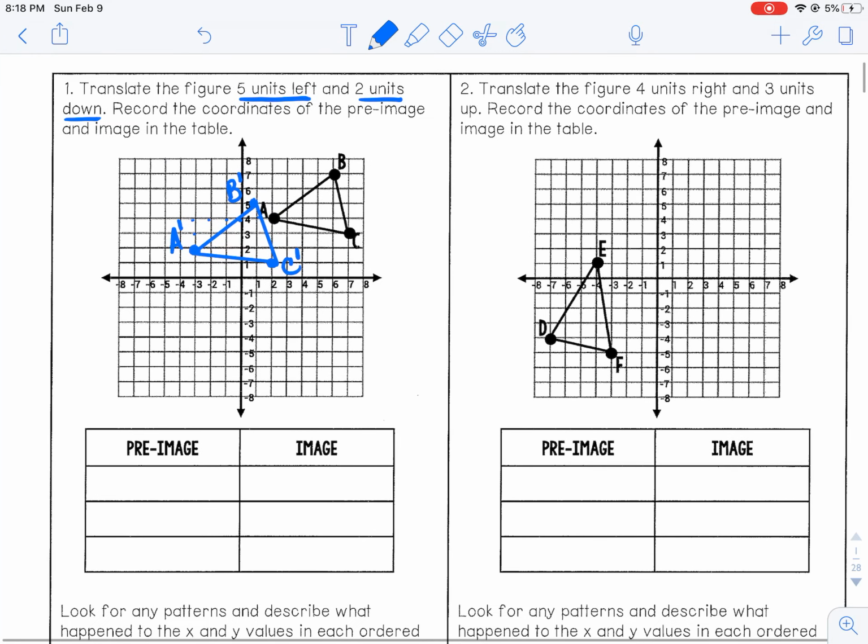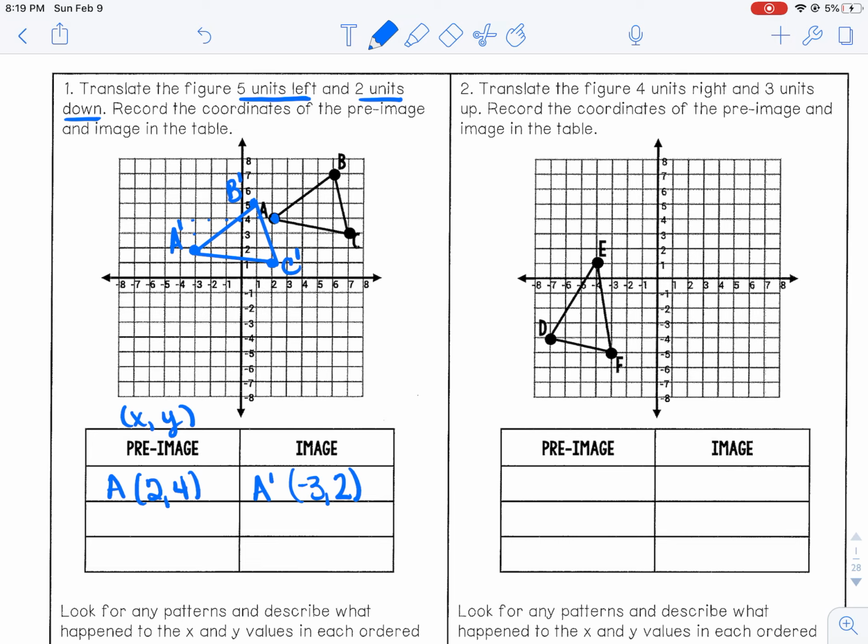My pre-image points for A, remember, it's always X, comma, then Y. So point A was at 2, 4, right here, 2, 4. And then when we moved A, it showed up at -3, 2. So if you can identify the points on a 4-quadrant grid, then you're in good shape.